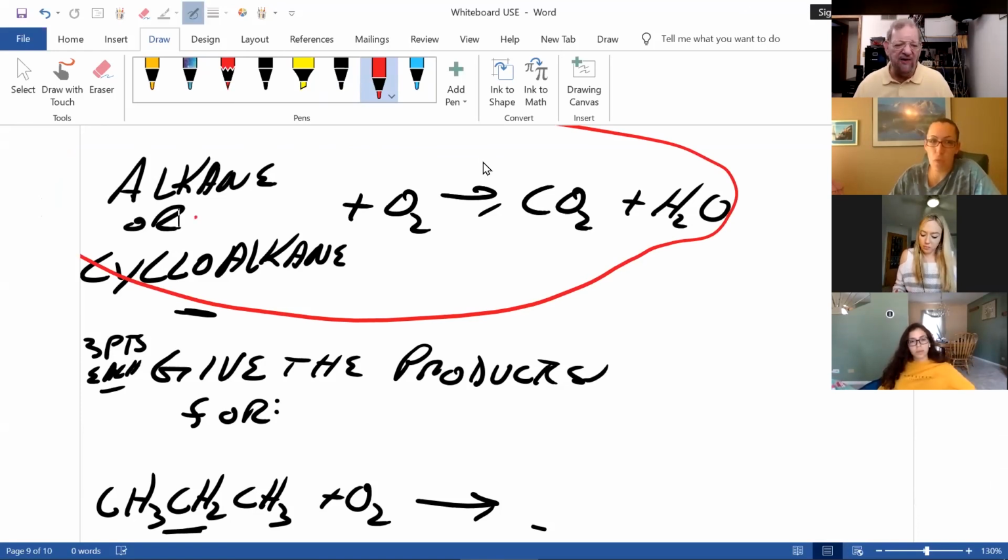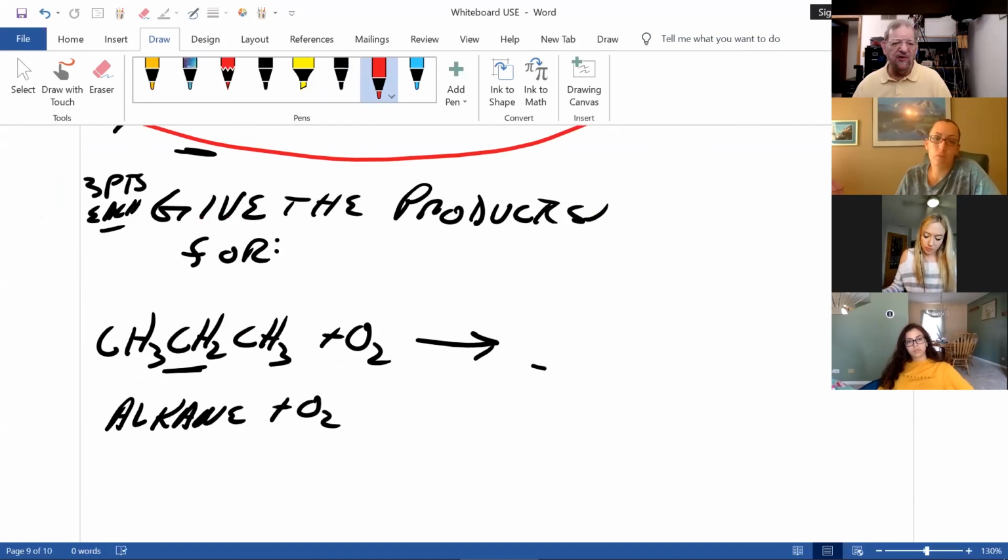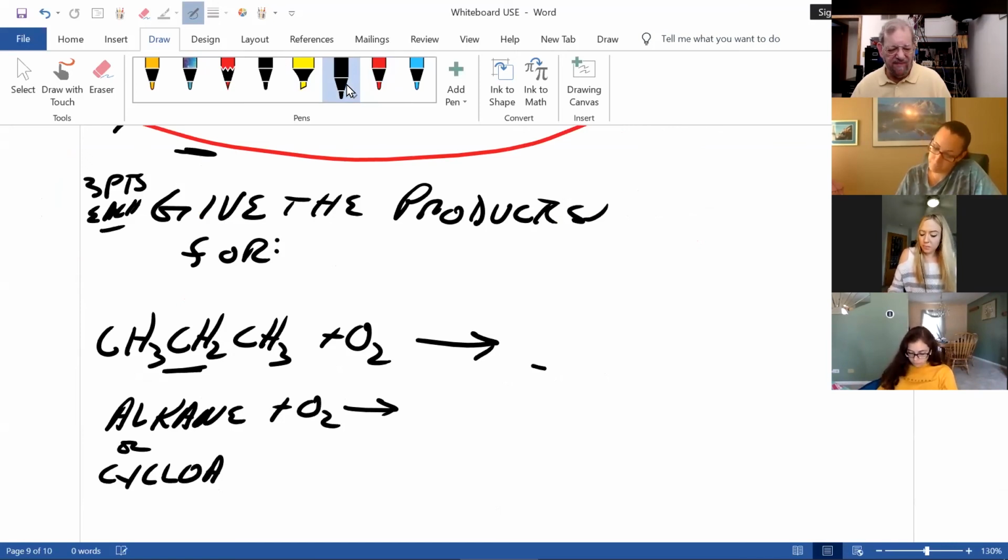Whenever you take an alkane or a cycloalkane plus oxygen, you get CO2 and water. You've learned that. And therefore, if I look down here, you've memorized this. Alkane or cycloalkane plus oxygen gives CO2 plus water.